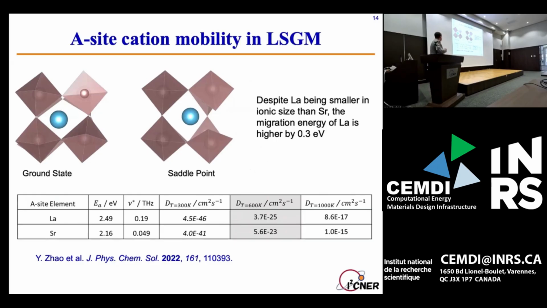Now, lanthanum would be smaller, so if we look just at spherical ions, we would expect lanthanum to have lower activation barriers and strontium to have higher activation barriers. However, experimentally we know that we have strontium segregation and big strontium mobility towards the surface, and theoretically we could see a higher activation barrier for lanthanum, which is just counterintuitive to their size dependence.